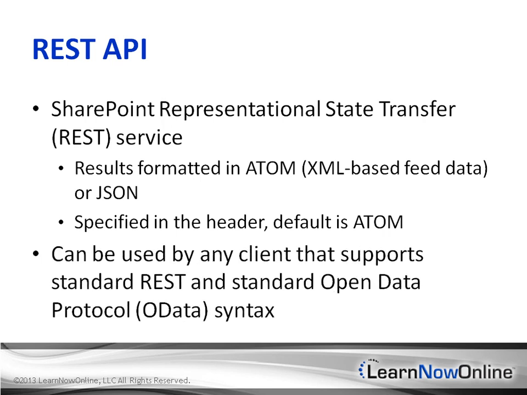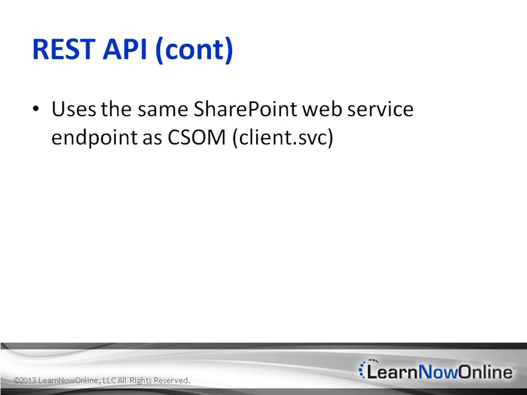So basically any client that supports standard REST and standard Open Data Protocol syntax is going to be able to use the REST API. And again, it's using the same SharePoint web service endpoint as the client-side object model, which is the client.svc endpoint. Based on the headers that come in, it knows how to handle REST requests.